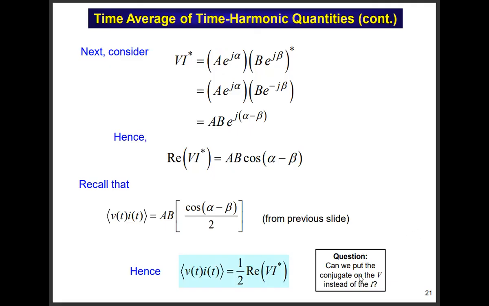Did my explanation make sense? If I put it over here on the V, I've really taken the conjugate of the whole thing in parentheses. Does that affect the real part? No. Real part of Z is the same thing as real part of Z conjugate. So the answer is, yeah, you can do that if you want. But people, for whatever reason, tend to put the conjugate on the I. No particular reason, but okay.